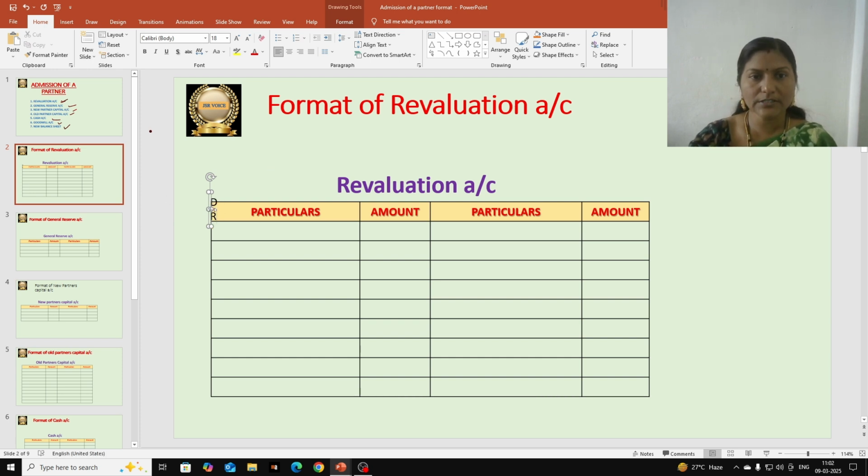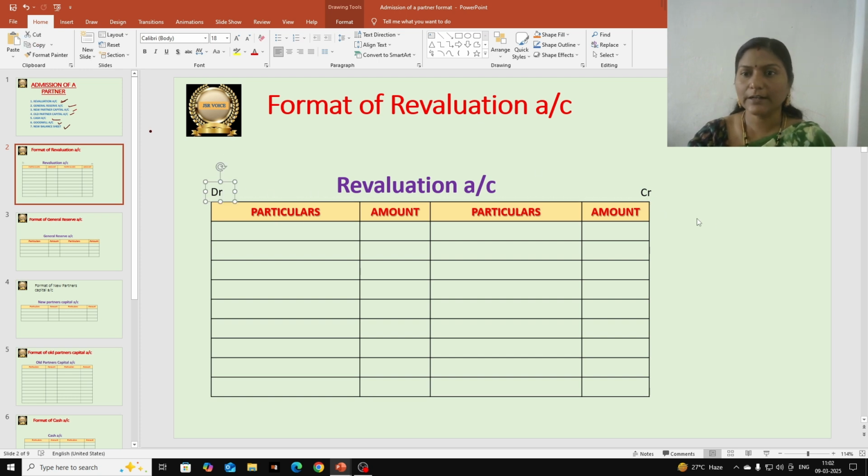On the top we should write DR, which means debit, and on the right hand side we should write CR for credit. On the debit side a few items we are going to write, and on the credit side also a few items.